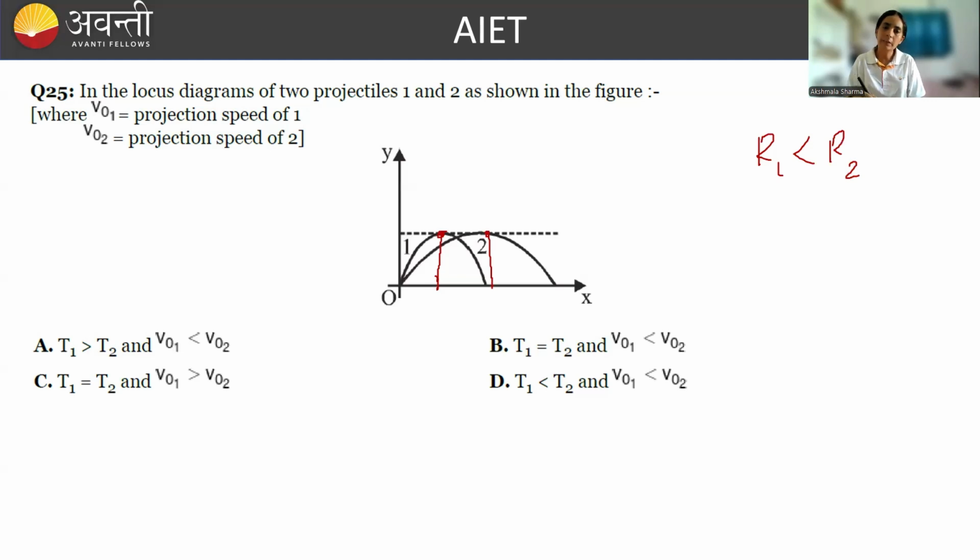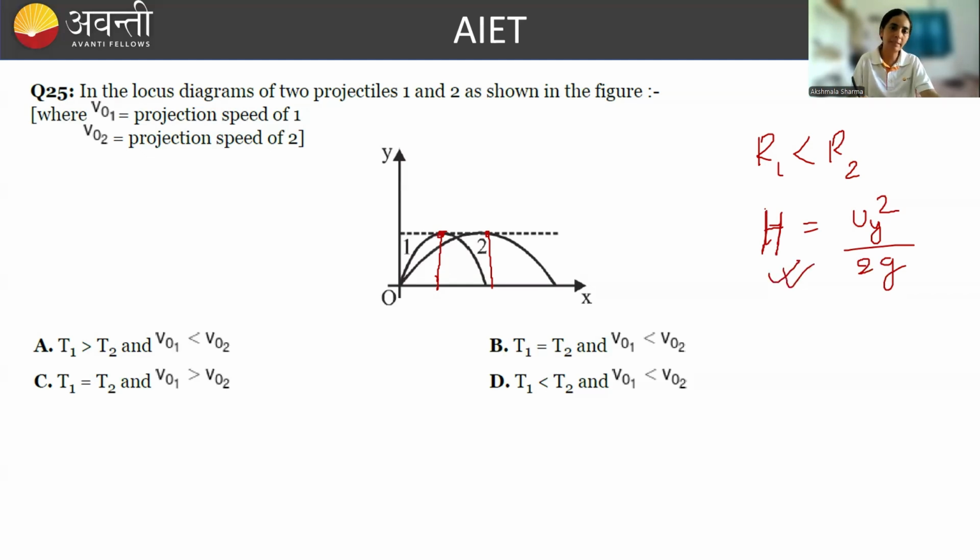If you write the maximum height formula, it is uy square by 2g. This is the maximum height formula, right? So if you look carefully, h is the maximum height, and that is the same for both cases. Its formula is uy square by 2g. 2 is constant, g is constant.